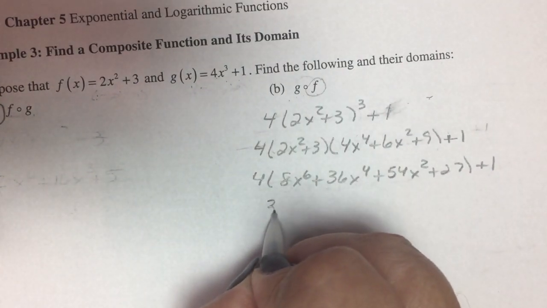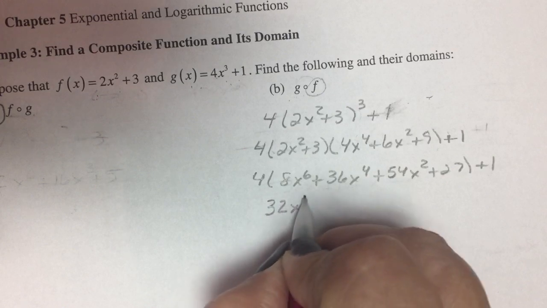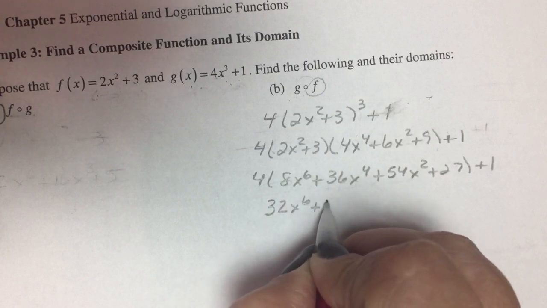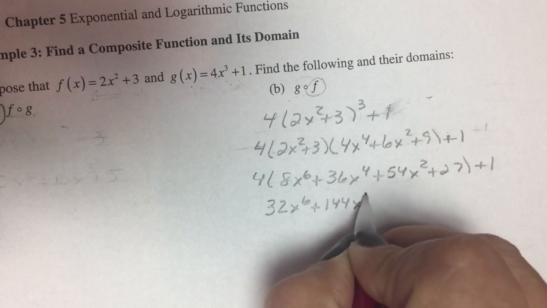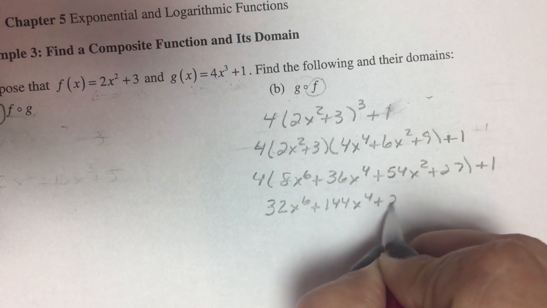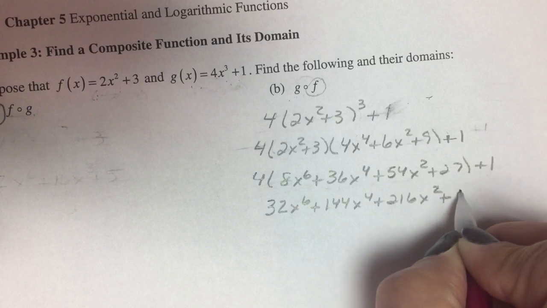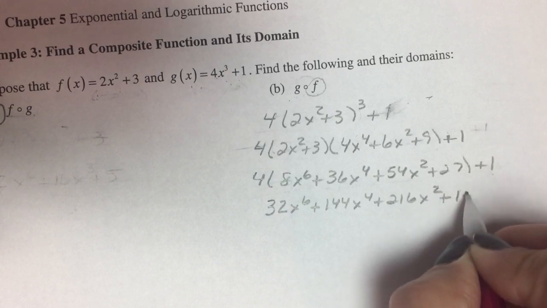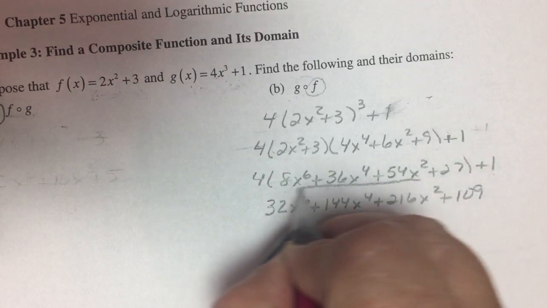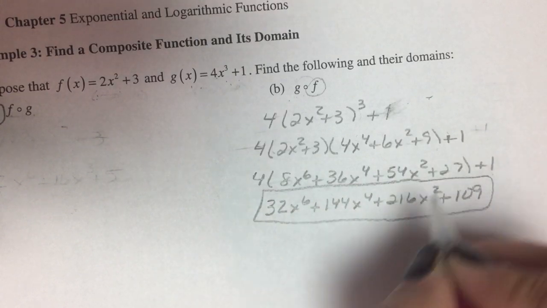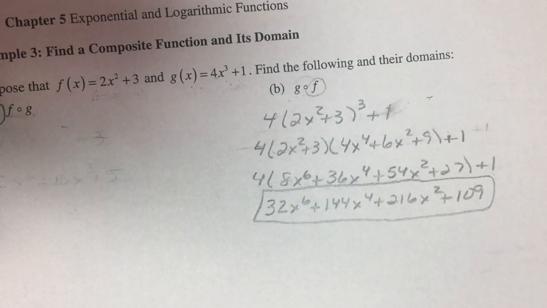Now if I distribute through, I'm going to get 32x to the 6th plus 144x to the 4th plus 216x squared plus 108, plus 1 would be 109. So there is my function g of f of x.